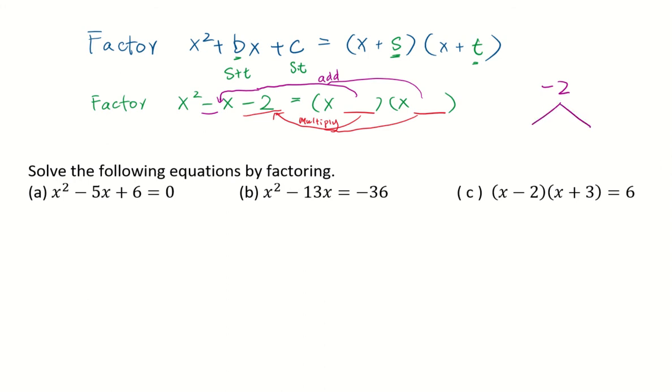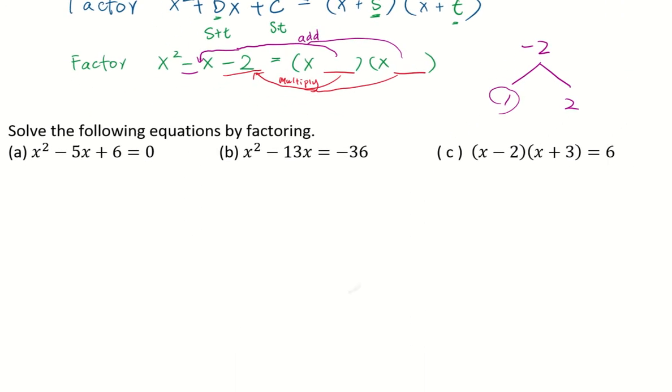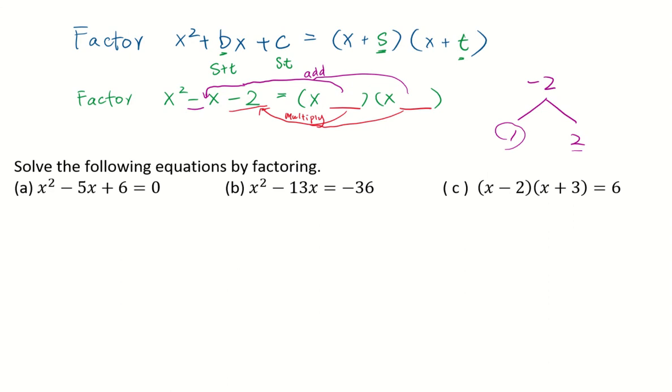Okay, we know 2 can be factored as 1 times 2. Oh, that's it. That's the only combination. 1 times 2 is 2. Since the two numbers multiply to be negative 2, that means one of these two numbers will be positive and the other one will be negative. Right? So now let's decide which one is positive, which one is negative.